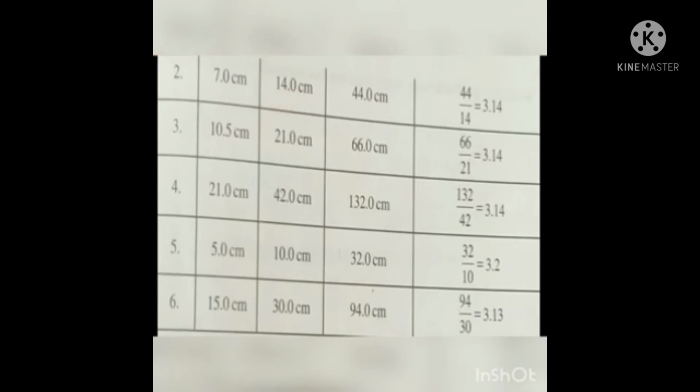Then the circumference, we measured it. When we find the ratio of circumference to diameter, that means 44 is the circumference and 14 is the diameter, I am getting 3.14.